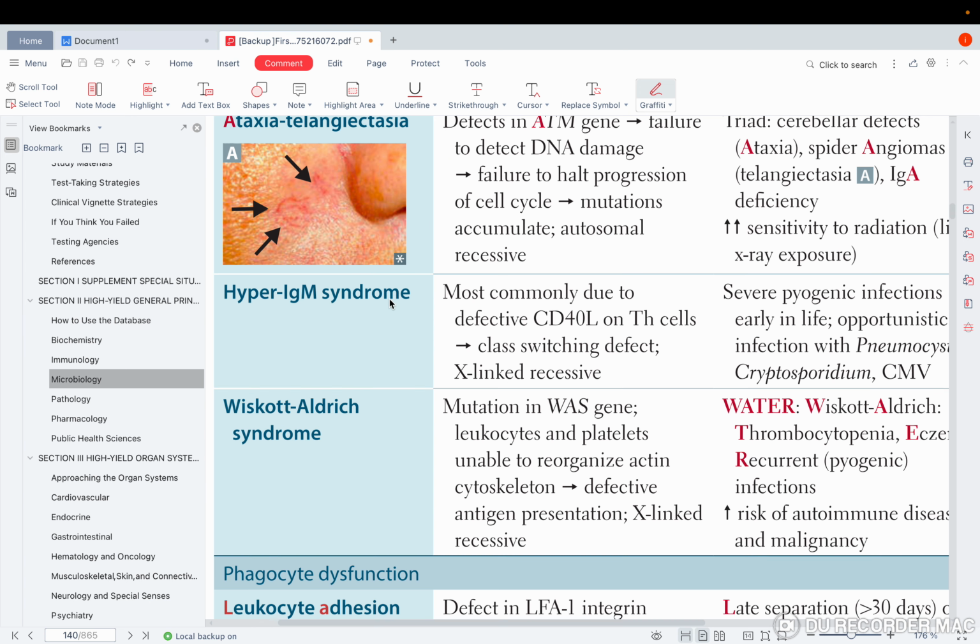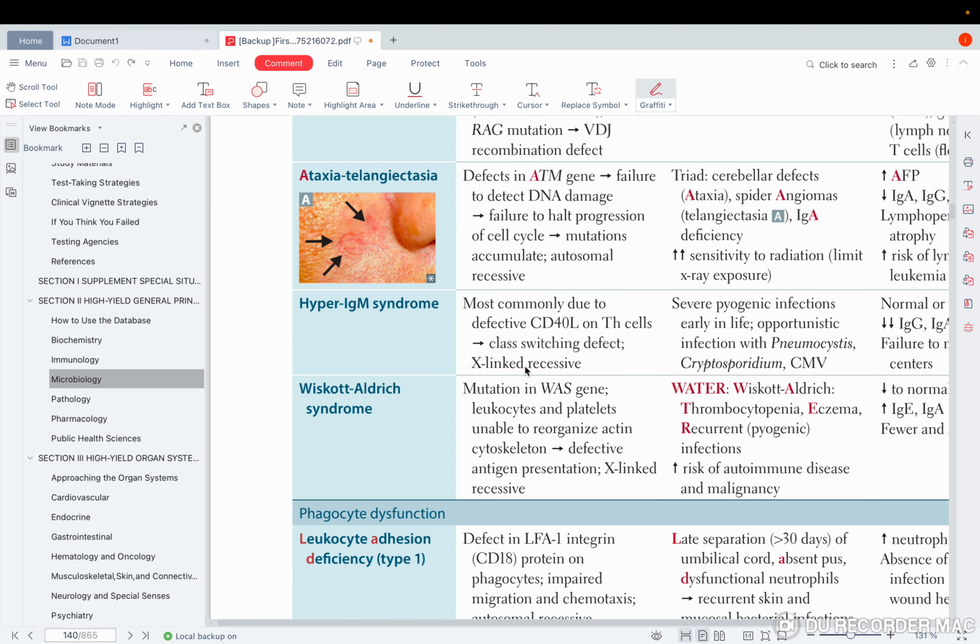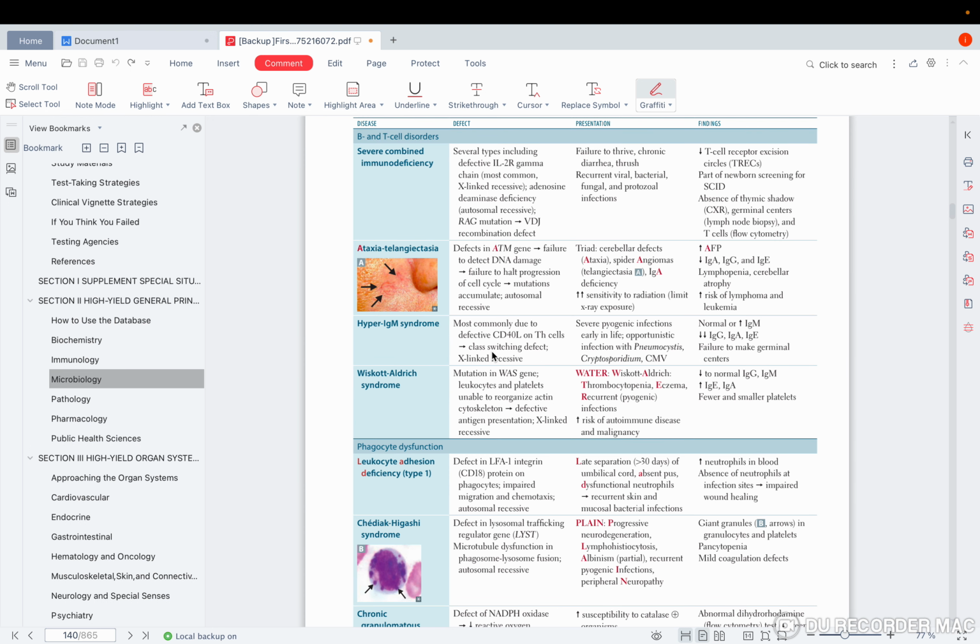Remember, when we spoke about hyper IgM syndrome, I told you it's due to a defect in the CD40. Yep, no class switching. Exactly. Speaking of class switching, what does class switching mean? From IgM to something else. Correct.